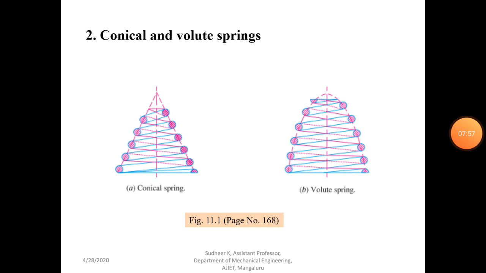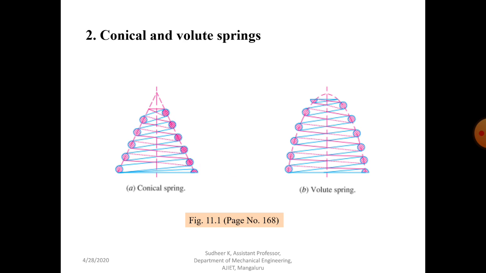This is another type of spring, that is conical and volute spring. You can also see this from figure 11.1, page number 168. You can see here there are several coils, and a decreasing number of coils results in an increase in the spring rate.